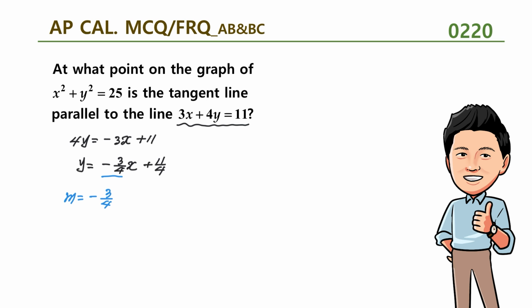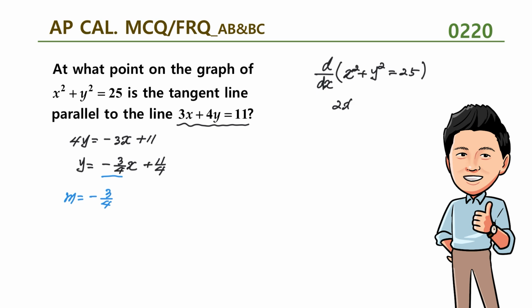So let's find the slope of the tangent line to this graph right here. We're going to do implicit differentiation. We have x squared plus y squared is equal to 25. So let's differentiate this with respect to x.